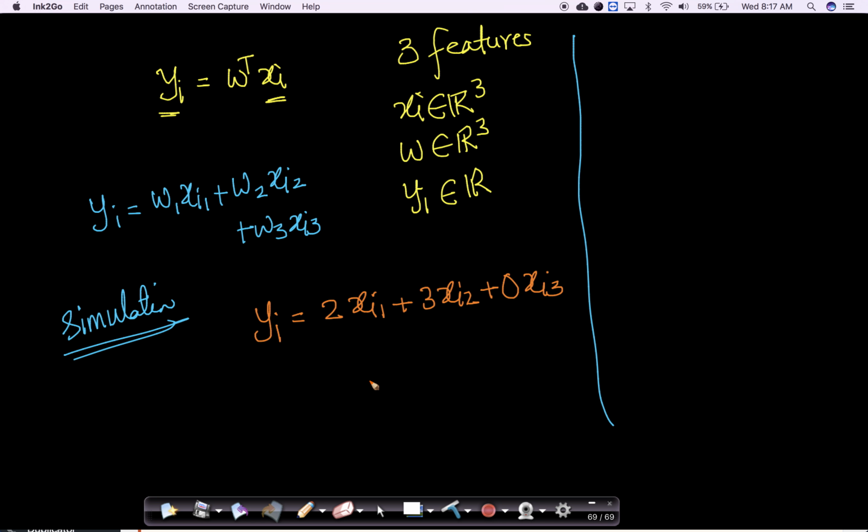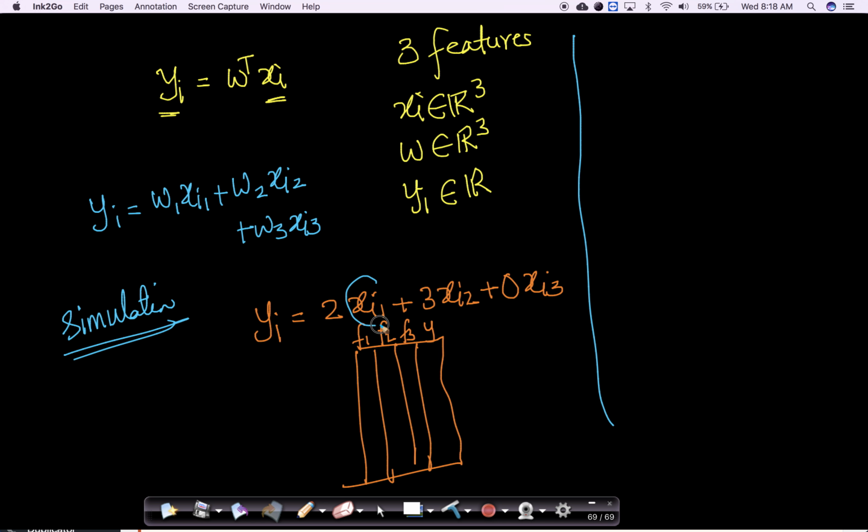Imagine I create a table like this, with feature 1, feature 2, feature 3 and my y values. Here I'll generate random values for xi1, xi2 and xi3.